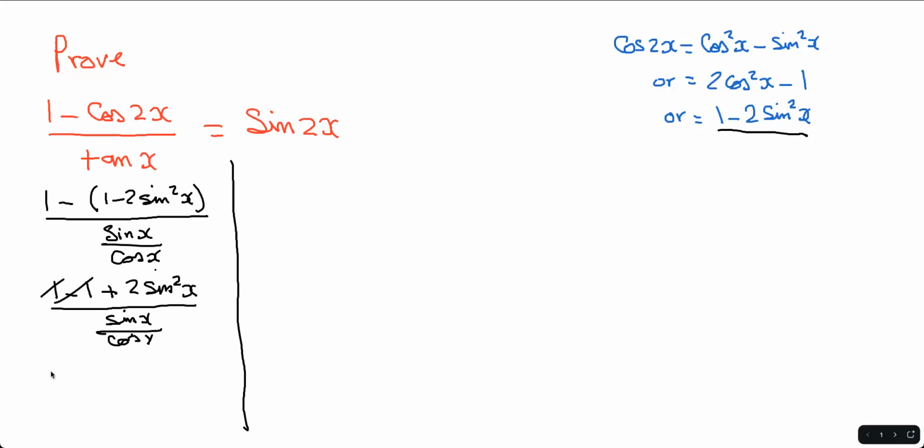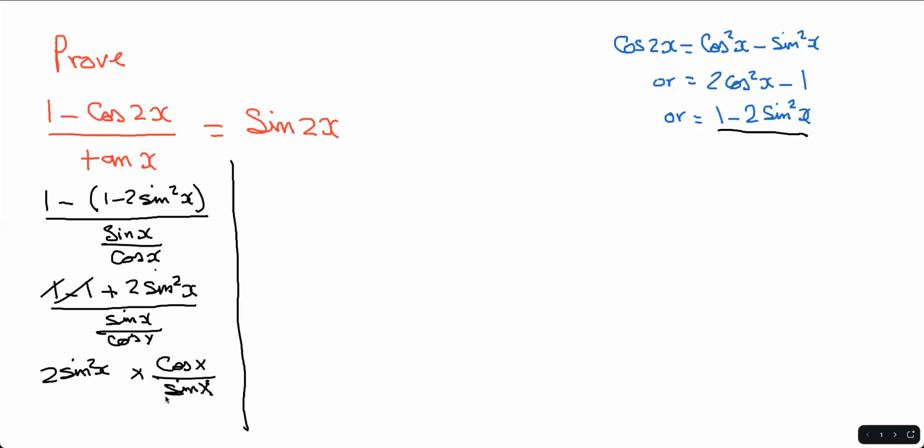Okay, so now we have 2 sine squared x times, because this is division, so we change division to multiplication, we flip the divisor. So sine x over cos x will become cos x over sine x.